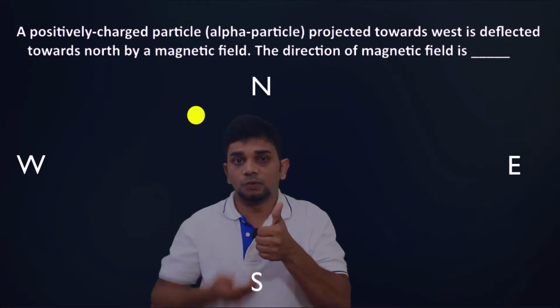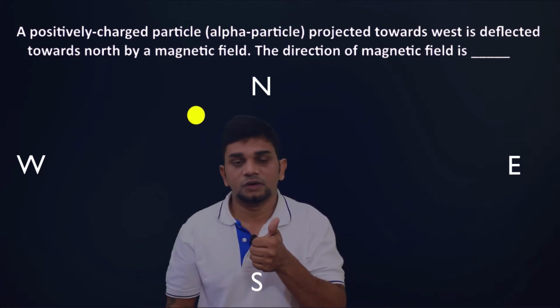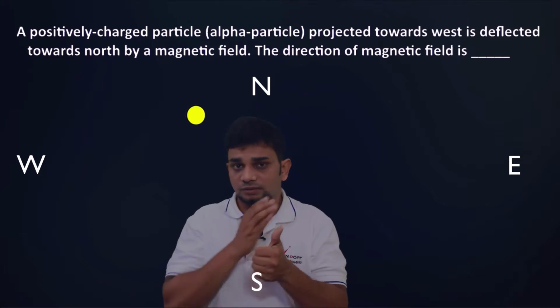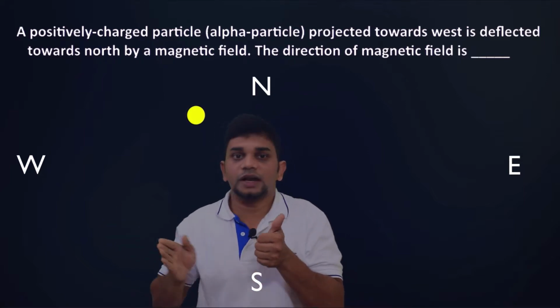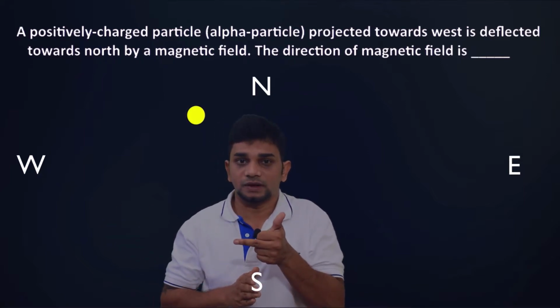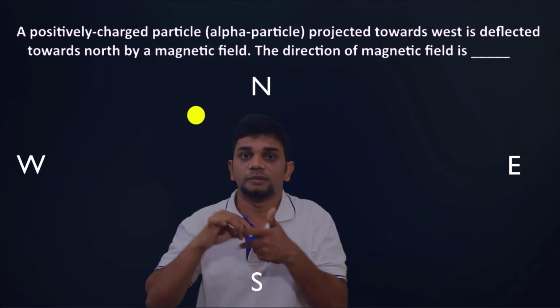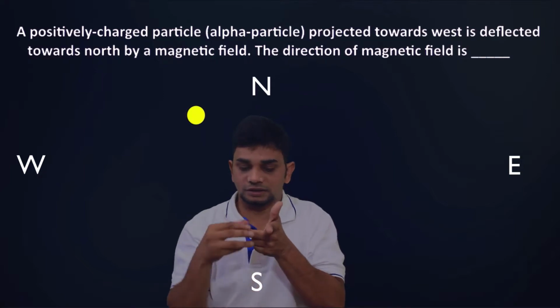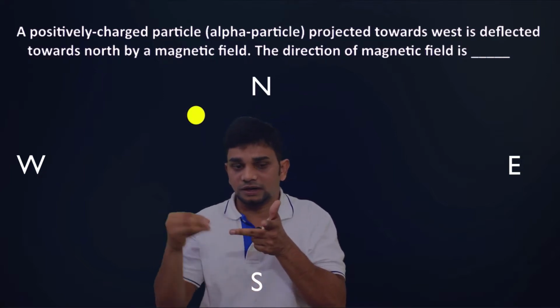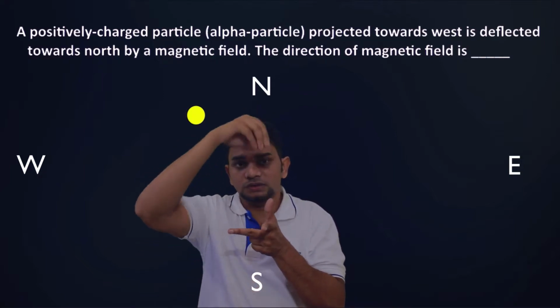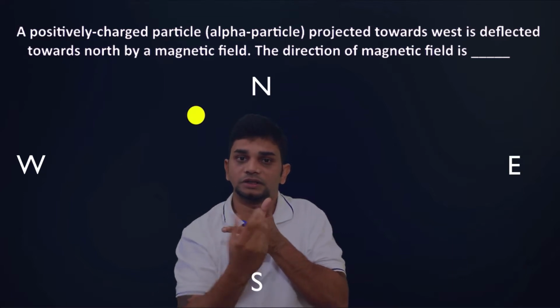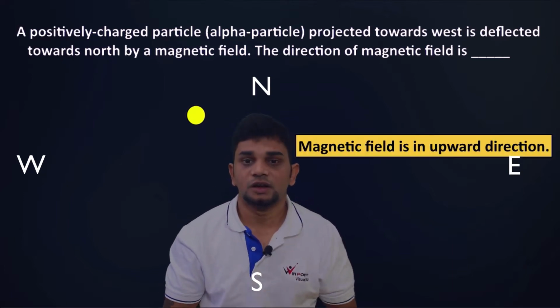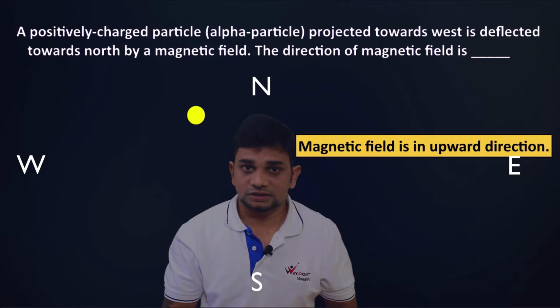Force is acting in upward direction, that's why it is moving up. What about current? The proton is moving in this direction, current will be also in that direction, right? And what about magnetic field? It is towards you, right? It is in upward direction. Here, this is current, this is thumb, this is force, and it is in upward direction towards you. So answer is magnetic field is in upward direction.